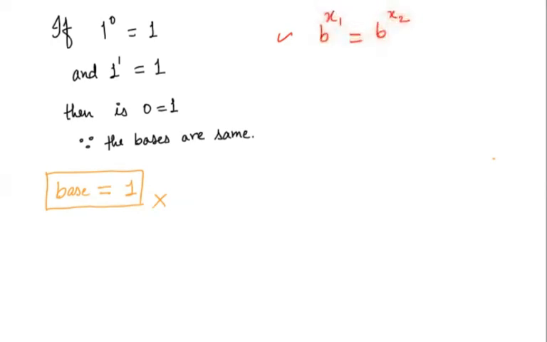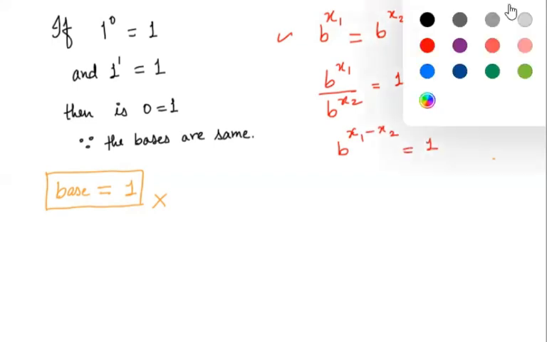Now if I divide by b to the power x2, moving it to the left-hand side, I'll get 1 over here. Then using laws of indices, when the bases are the same, the powers get subtracted. So we get b to the power x1 minus x2 equal to 1. Are you getting this?